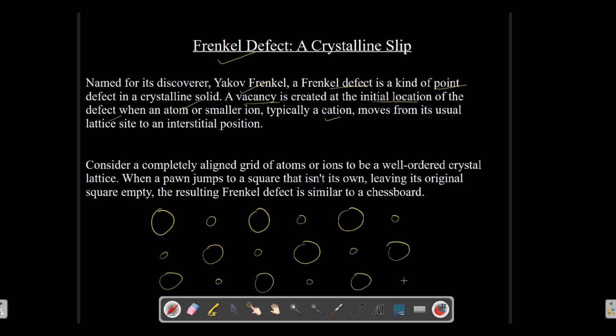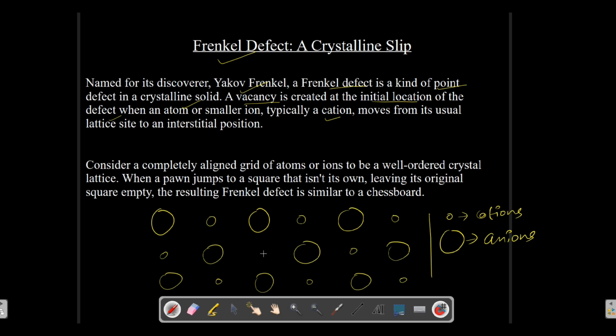The smaller circles are cations, because we know that cations are smaller as compared to anions, and the larger circles are anions. So you can see over here what actually happens in Frenkel defect is that from the crystal lattice a cation, because cations are smaller, will create a vacancy and it will occupy an interstitial position.